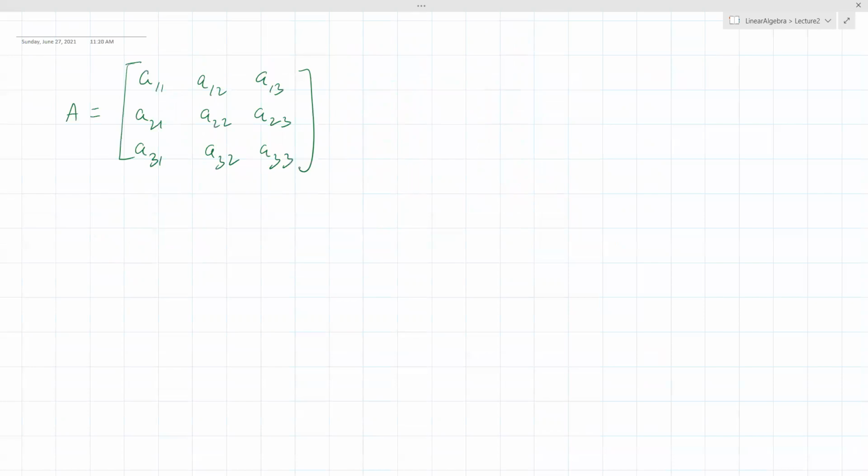So you have these 9 elements in your matrix A. Let me erase this. This is my matrix A, and I'm defining a new matrix E.